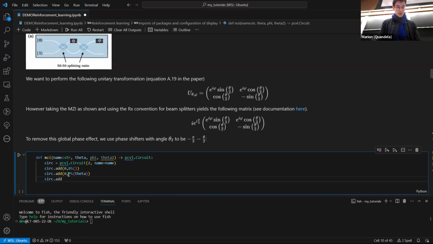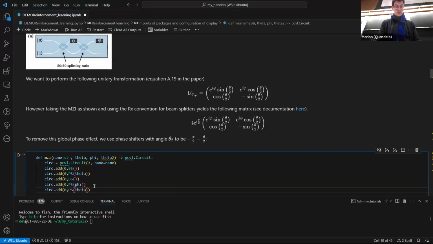Then I'm going to add another beam splitter. And finally, 2 phase shifters. The first one is the one from the picture here. And then the second one is to cancel the global phase, as I was saying. So theta2.